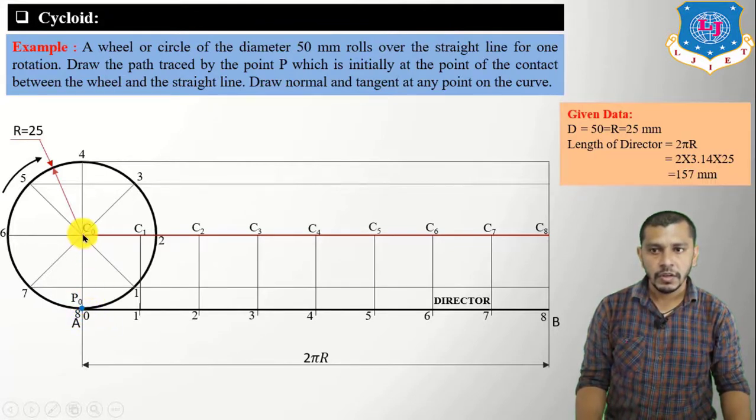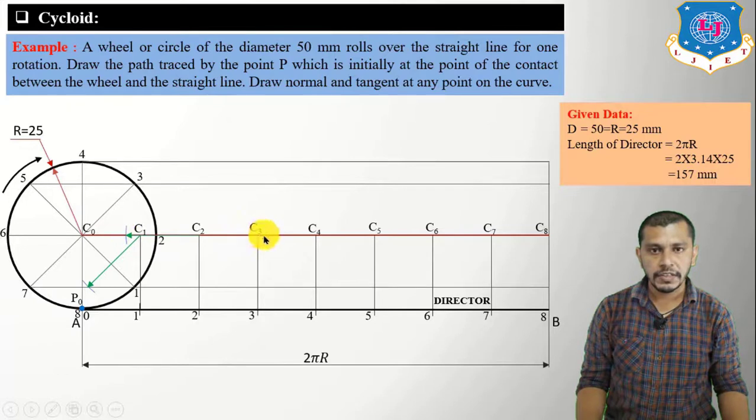Now, having radius equal to the radius of the circle, 25 mm, and center at C1, give an arc on the line passing from the first division of the circle. So from C1 give an arc over here having radius equal to 25 mm. Now take the center as C2 and give an arc on the line passing from the second point of the circle over here.